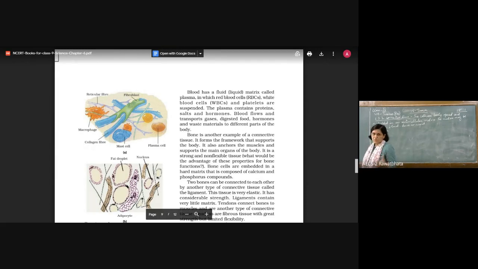It has, of course, basically plasma. Its structure. That is the fluid matrix.